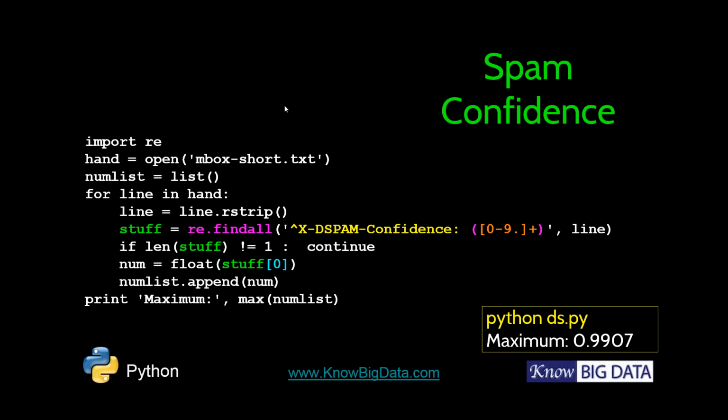Okay, good question. I believe you're talking about the dot inside the square brackets where we have written the numbers 0 to 9. That dot is for itself. That dot does not match any character.